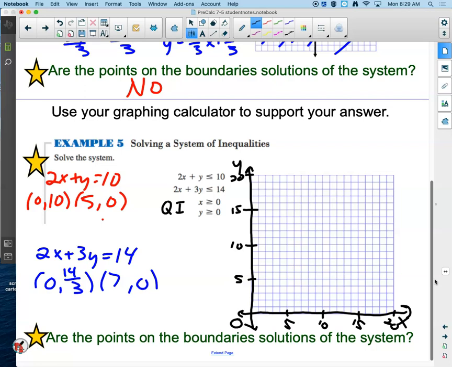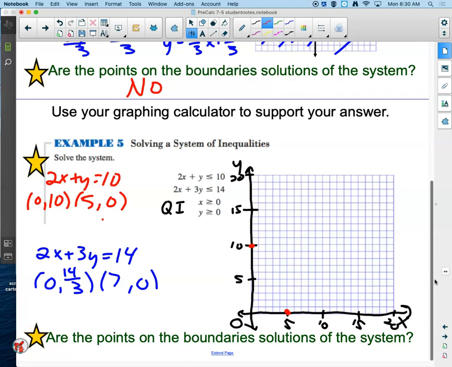Looks like so. And now I want to do that color coordinating that I talked about earlier. So I have my red to match my 0, 10 and my 5, 0.